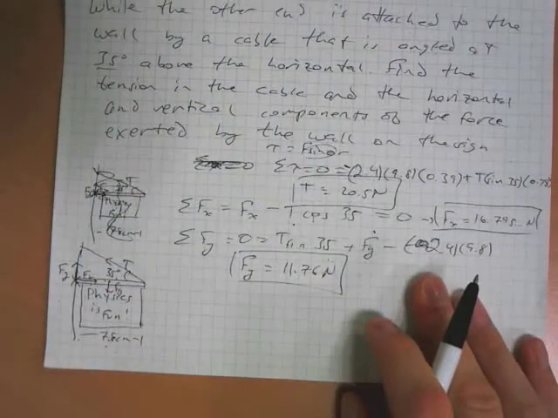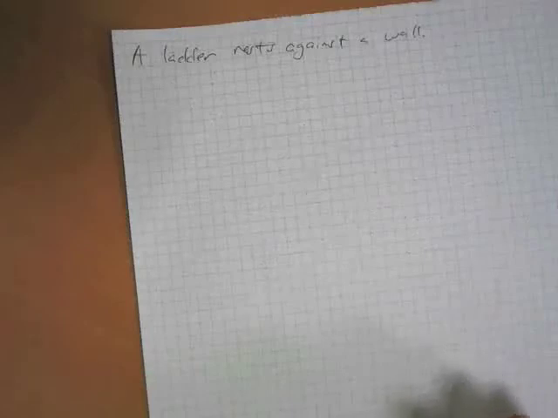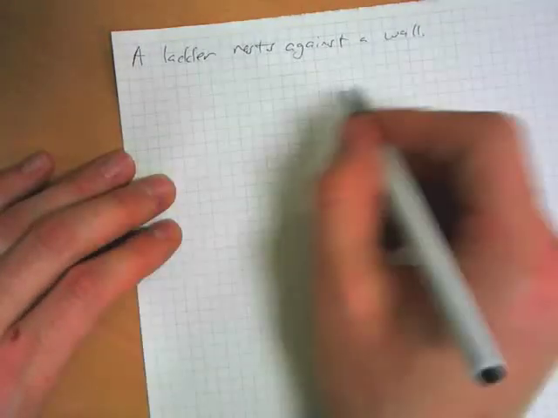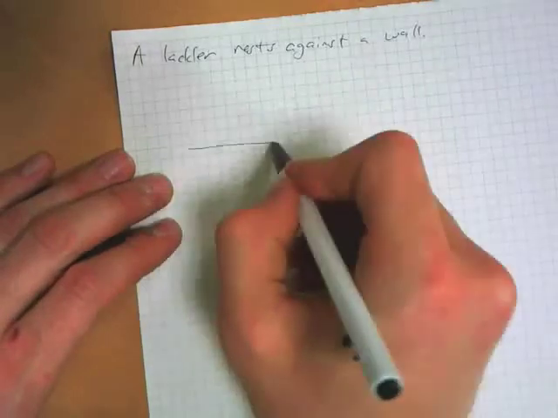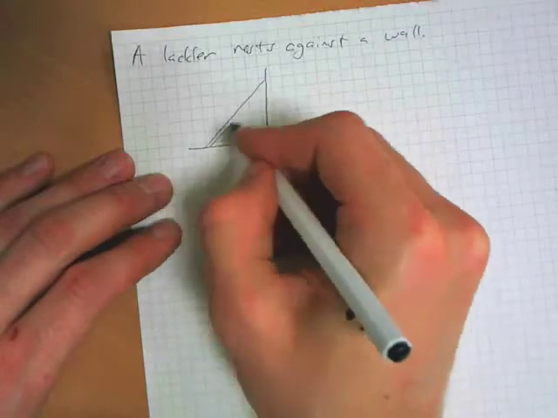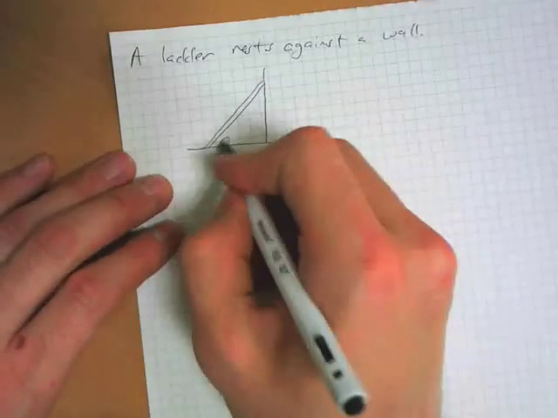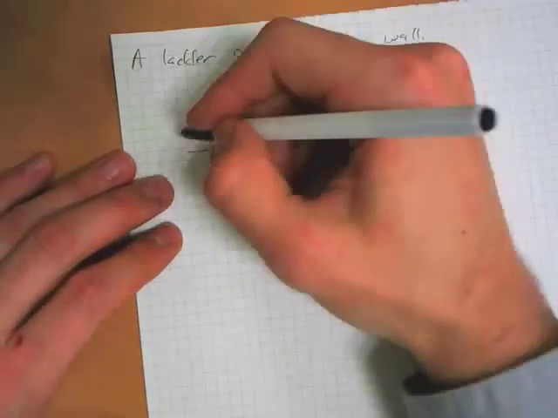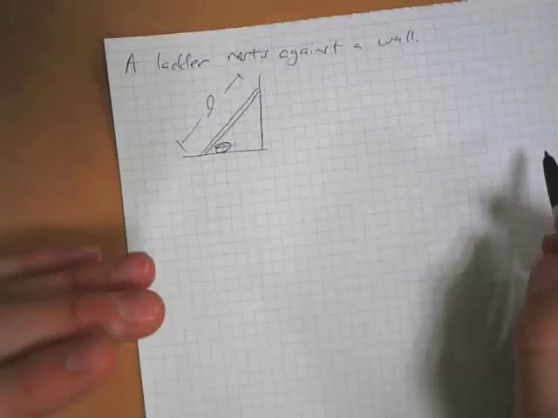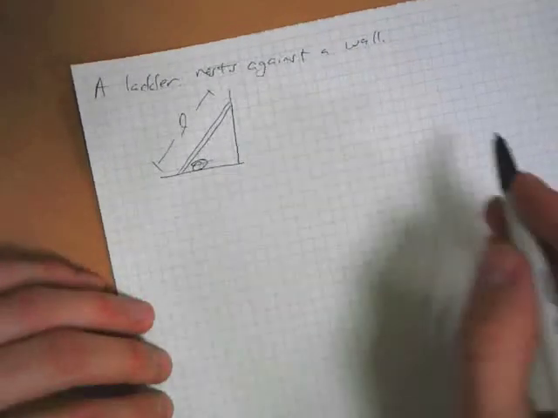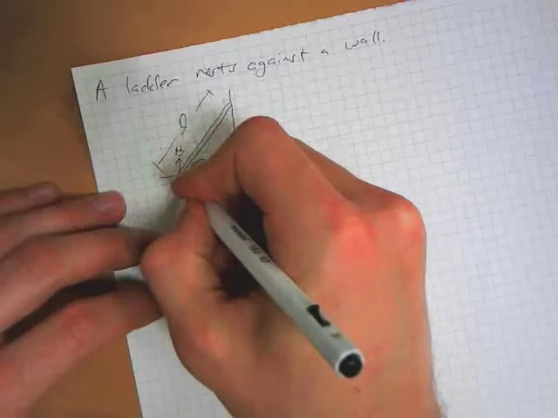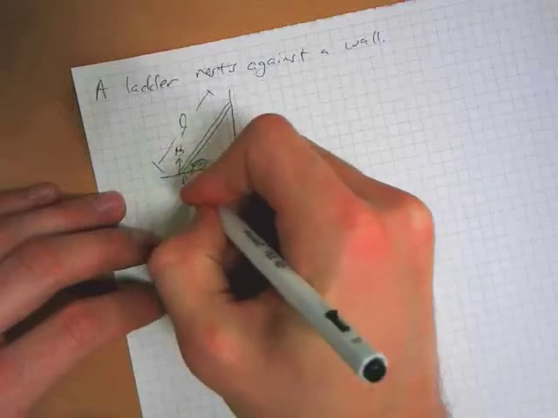Another problem that you might see that I want to talk about, but I'm not going to do a calculation with numbers, is that if you have a ladder resting against a wall, so this is the ground, this is the wall, and then you've got your ladder leaning at an angle, some angle that you'll be given, and the ladder has some length L. In this case, we would have a normal force from the ground that's going up, and we also have static friction from the ground.